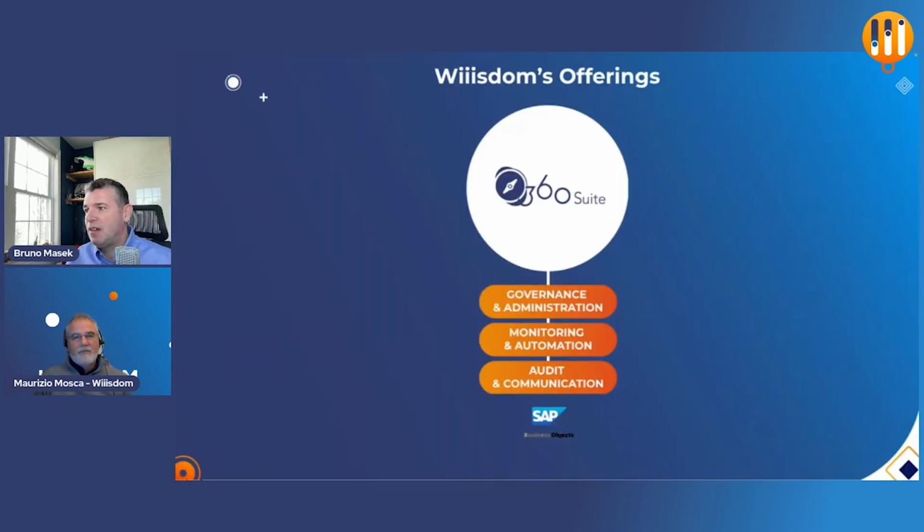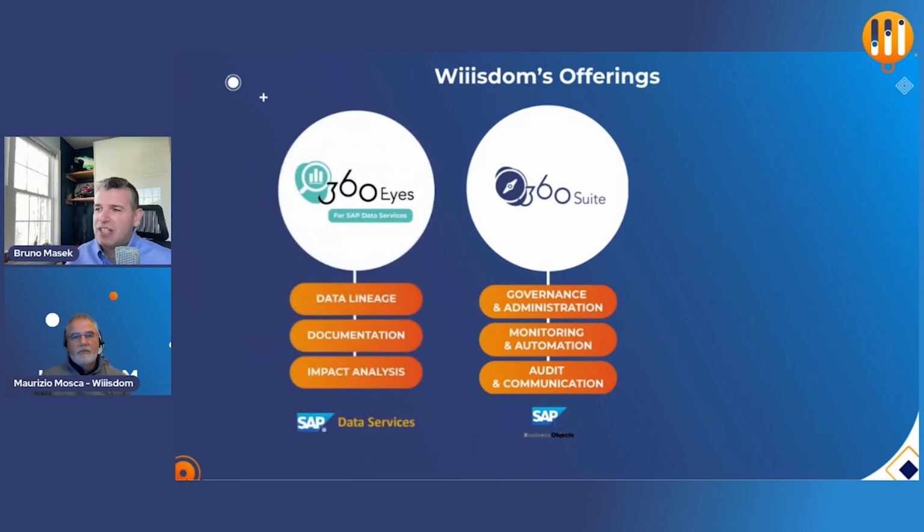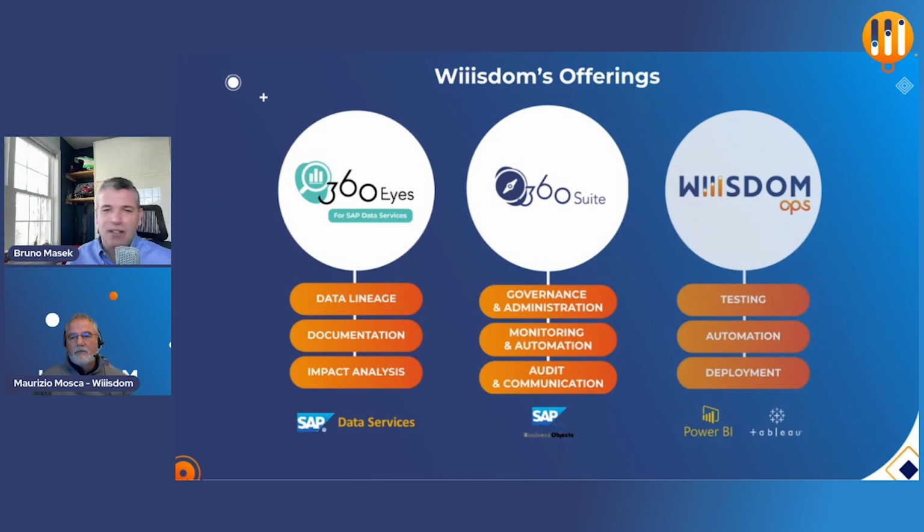In terms of Wiiisdom, of course, we've got the 360 suite offering traditional for BusinessObjects. We've got now the 360 eyes for Data Services, and we'll be doing a webinar next month, so feel free to contact us for that. And it's rock solid. Then we also have an offering with Wiiisdom Ops for Analytics Ops, where it's all about testing your dashboard outputs.